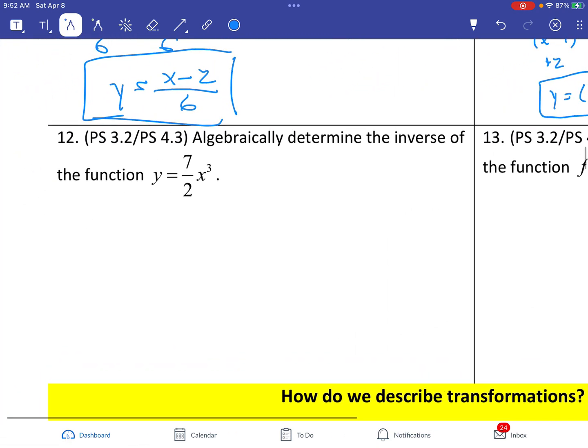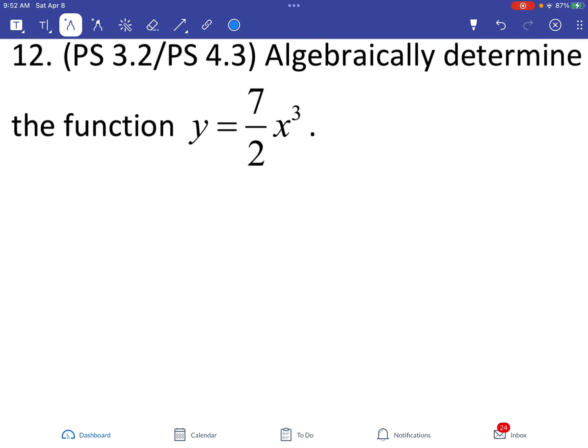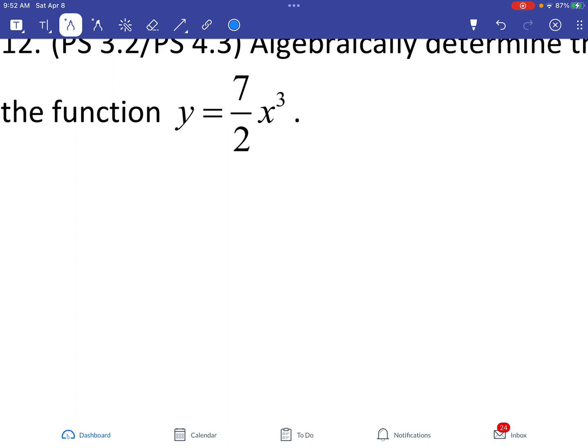Okay, number 12. Okay, so again, we're going to switch out x and y. So it's going to be x is equal to 7 over 2 y to the 3rd. Okay, before we can get rid of the exponent, we got to get rid of the 7 over 2. Okay, there's a couple ways you can do this. The easiest way would be to multiply by its reciprocal, 2 over 7.